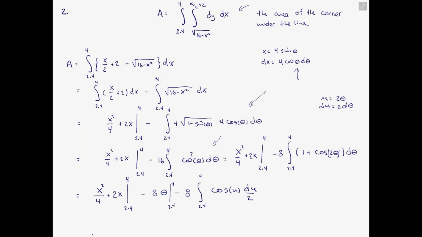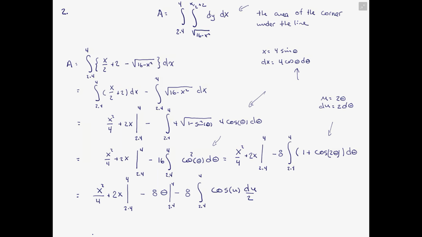Well, from there I use trigonometric identities to convert the integrand into something smaller than a second order trigonometric function. Whenever you can reduce the order of a trig function, it's always best. It tends to simplify the integrations.